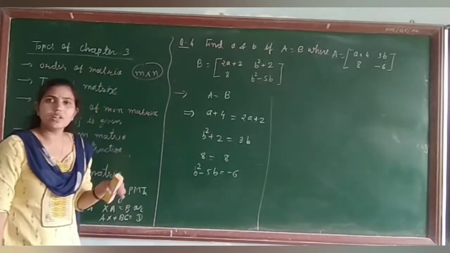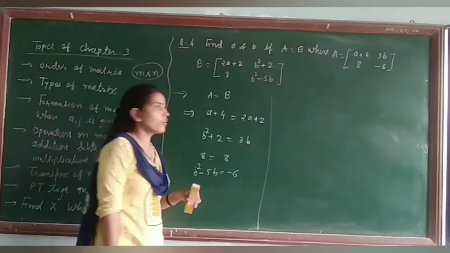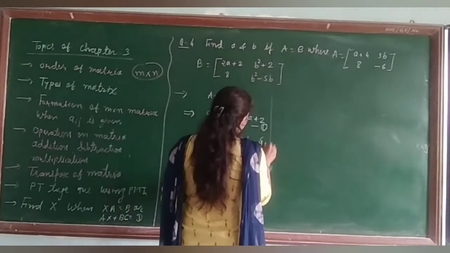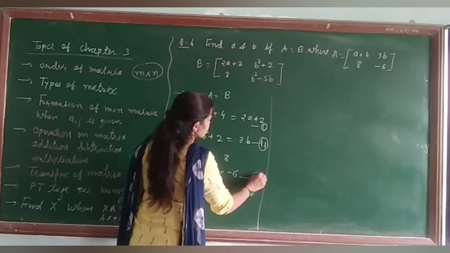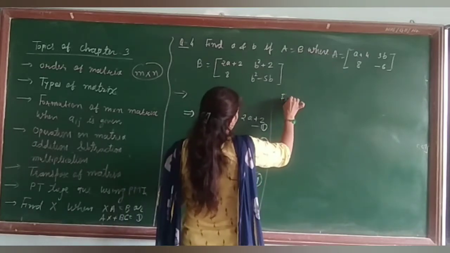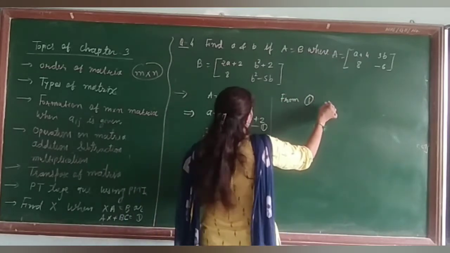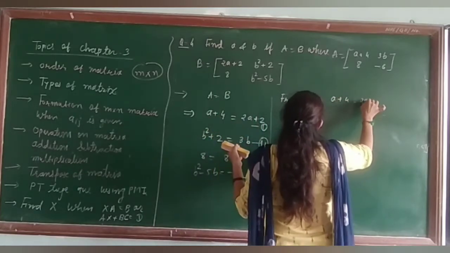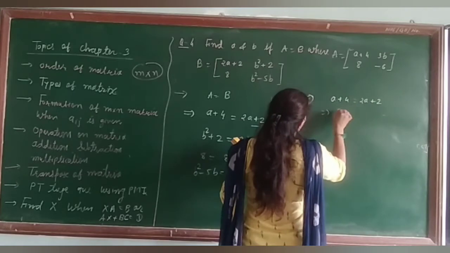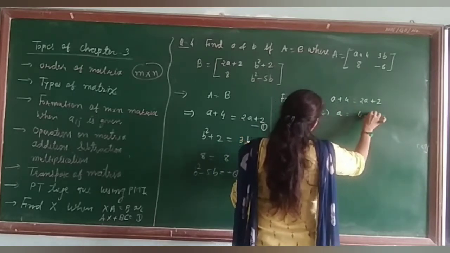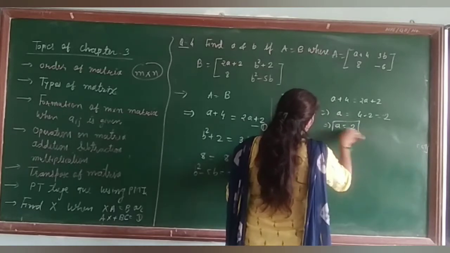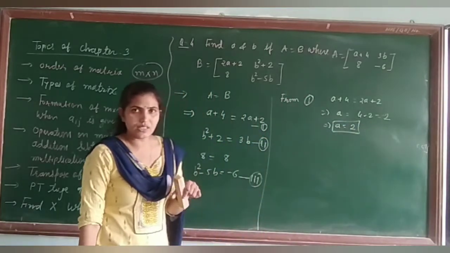Now when you solve these equations, you will find the value of A and B from the first, second, and third one. So from 1, A plus 4 is equal to 2A plus 2. That means 2A minus A is equal to 4 minus 2, that is 2. So A is equal to 2. We have found A is equal to 2.